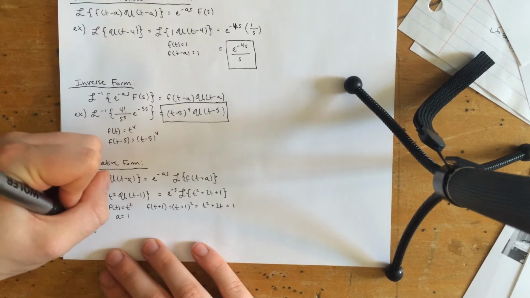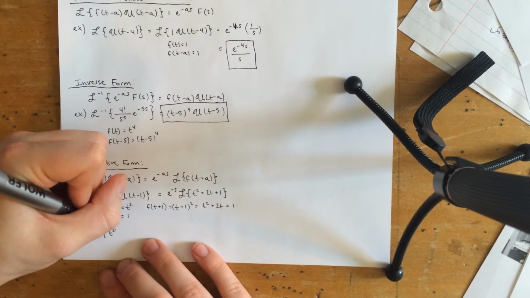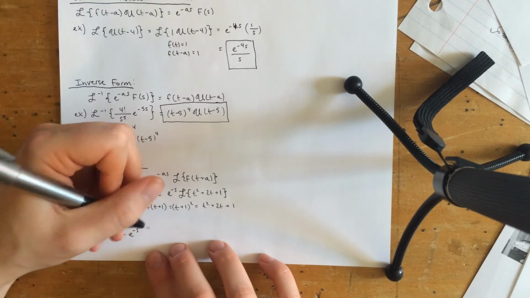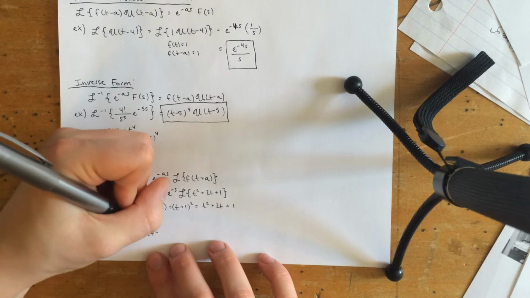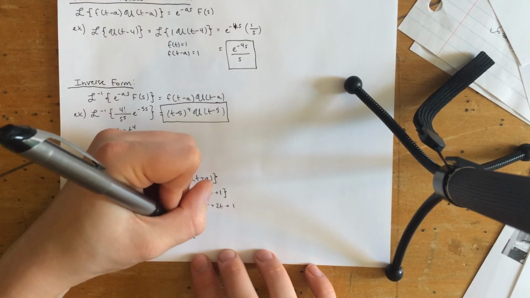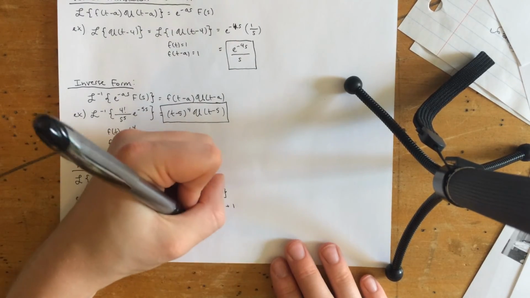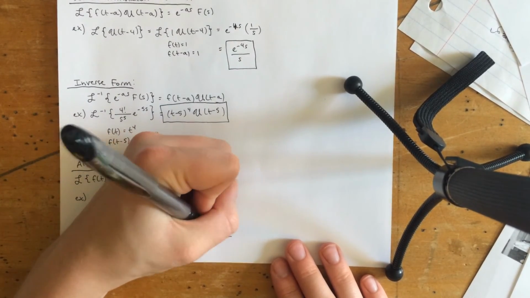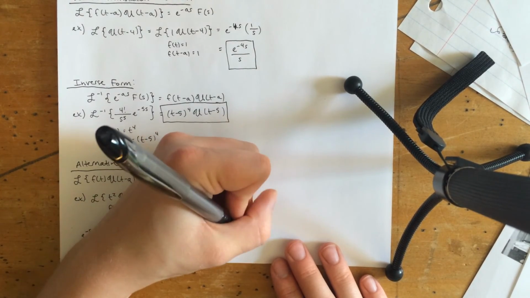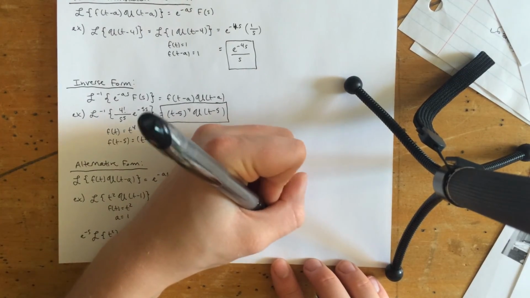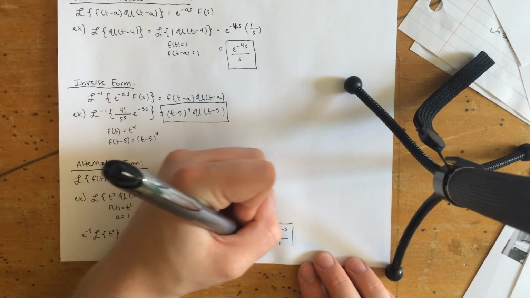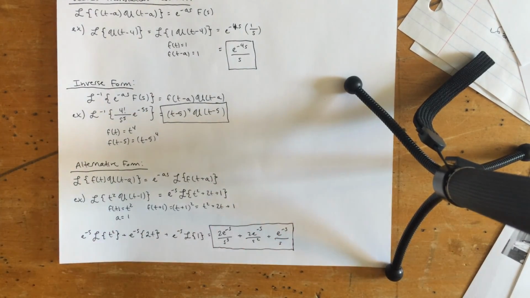So e to the negative s Laplace of t squared plus e to the negative s Laplace of 2t plus e to the negative s Laplace of 1. And our answer will be 2e to the negative s over s to the 3rd plus 2e to the negative s over s squared plus e to the negative s over s. And that's our final answer. So those were some things I struggled with, and I hope that will be able to help someone else.